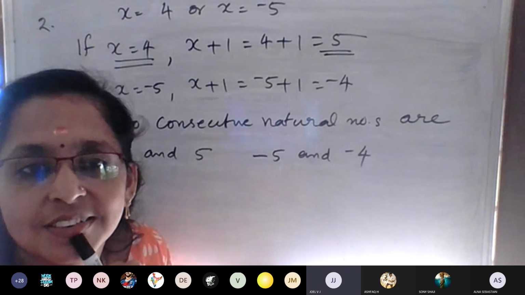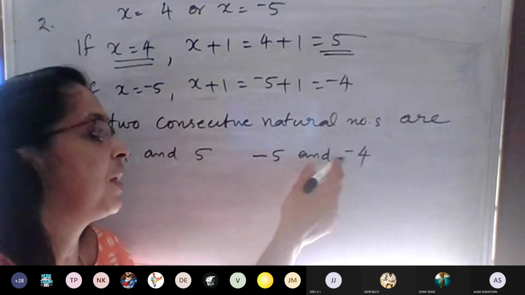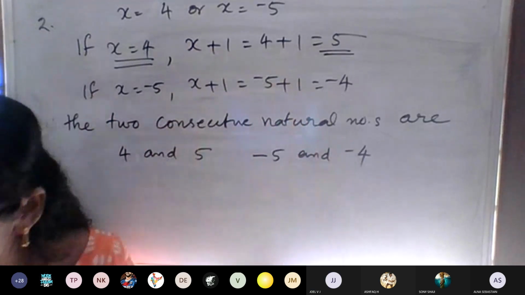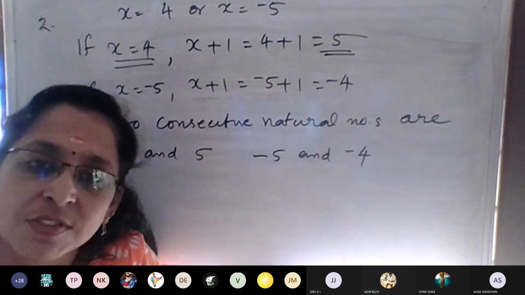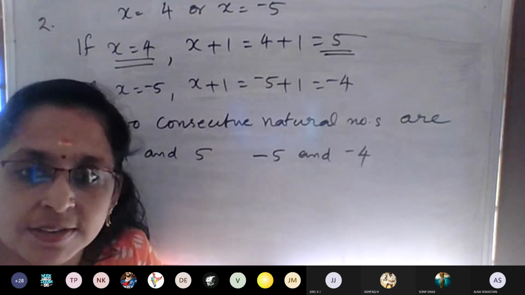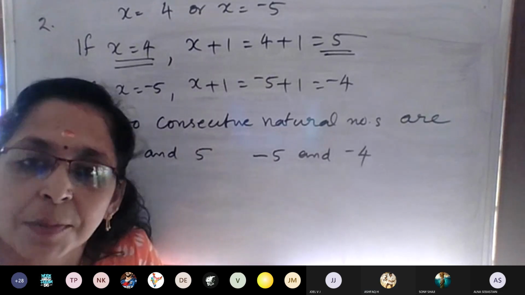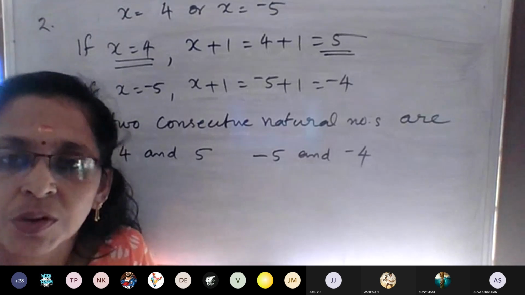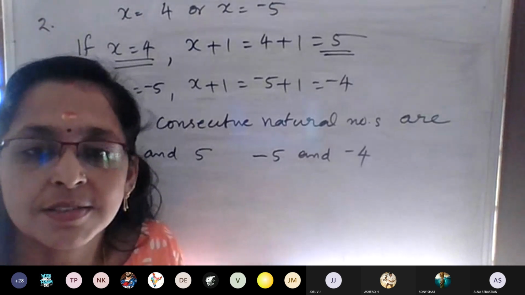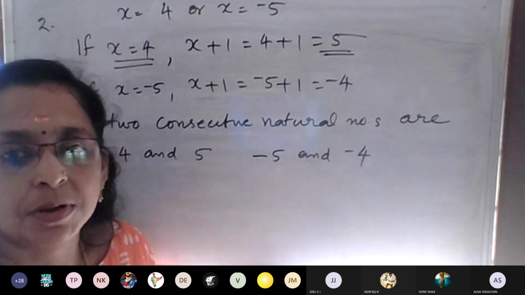What is wrong in that? Can we write negative 5 and negative 4 same as the previous question? No. The first question was consecutive integers. Integers means we can write negatives and positives. Can we write negatives here? No, since these two are consecutive natural numbers.